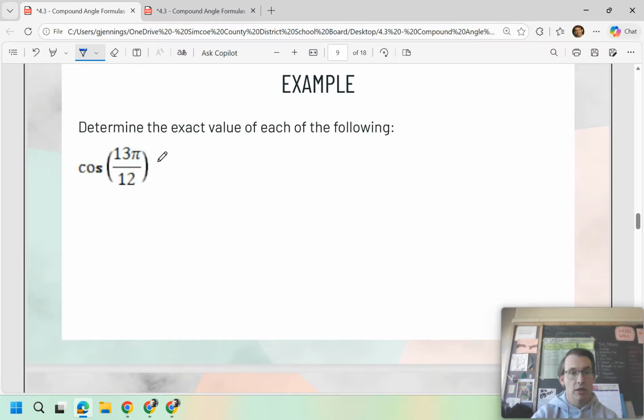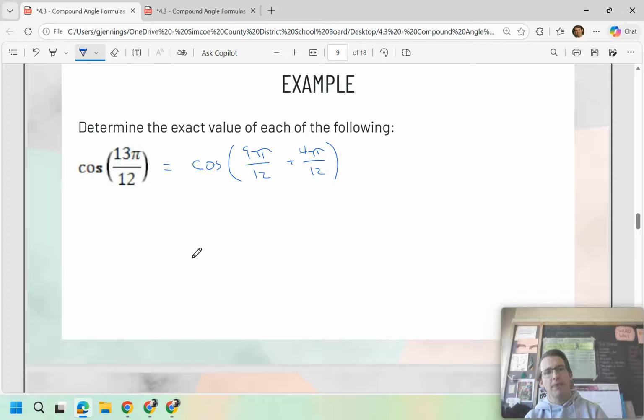That was really good. So this is the same thing as cosine of 9 pi on 12, which is 3/4 pi, plus 4 pi on 12, which is pi on 3. Okay, this is different than the way I did it earlier today. So we just use our identity for cosine of adding the angles together. Cosine, they go together.